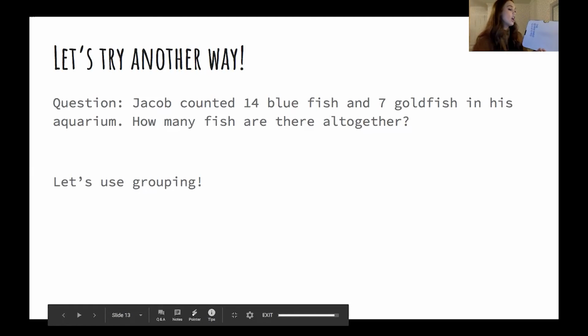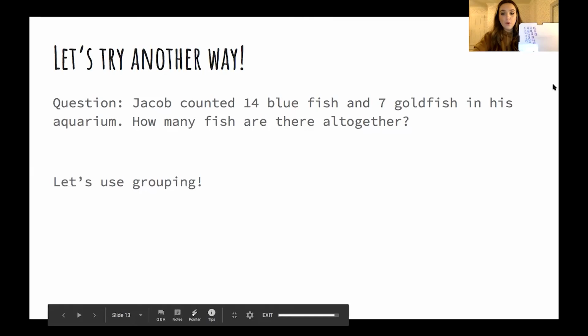Awesome, guys. Okay, we have 14 boxes. Now let's switch colors and draw 7 boxes for the 7 goldfish. So 1, 2, 3, 4, 5, 6, and 7. Okay, so we have 7 for our goldfish and 14 for our bluefish.